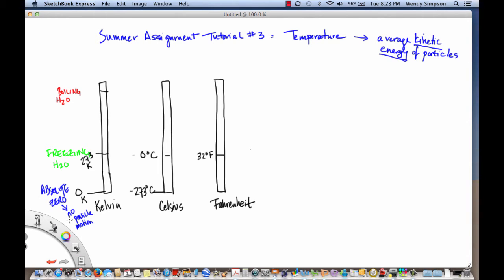The boiling temperature of water in Kelvin is 373 Kelvin. And the boiling temperature of water in Celsius is 100 degrees Celsius. And the boiling temperature of water in Fahrenheit, if you do a lot of cooking, you should remember, it's 212 degrees Fahrenheit.